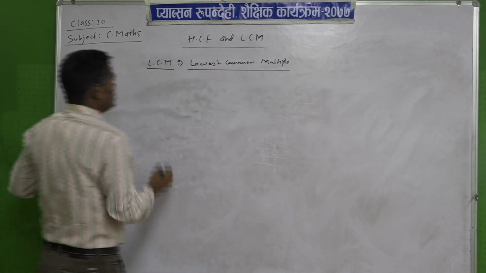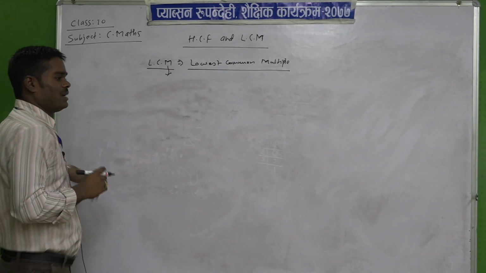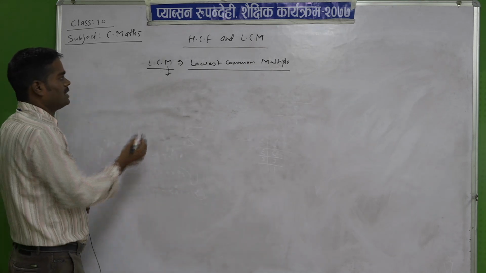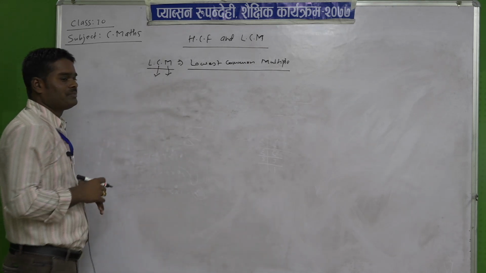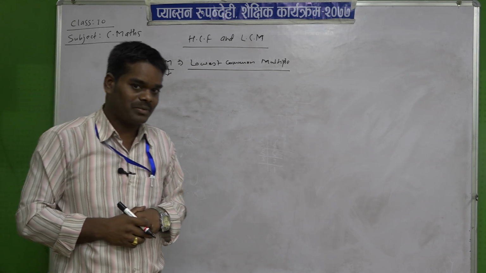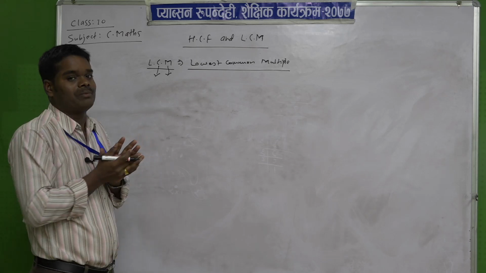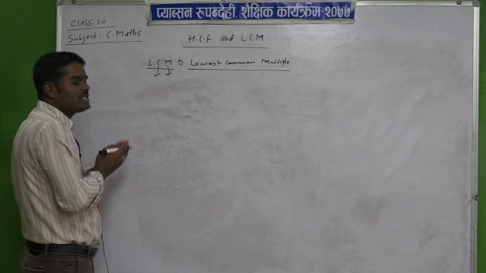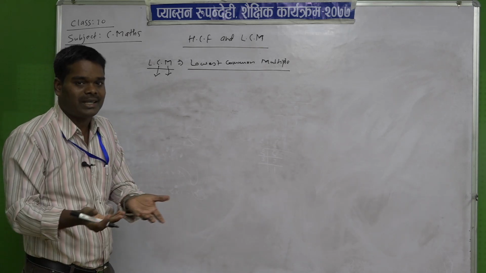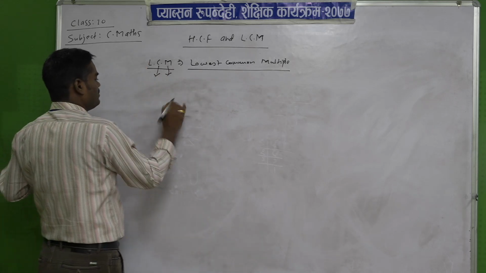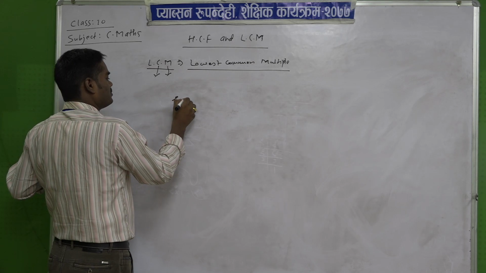So here also firstly you have to find out the multiples of any two or three numbers, then after you have to find out common multiples of both numbers, and then in the common multiples you have to find out the lowest number, and that is the LCM. So take any number, like here I have taken 2.